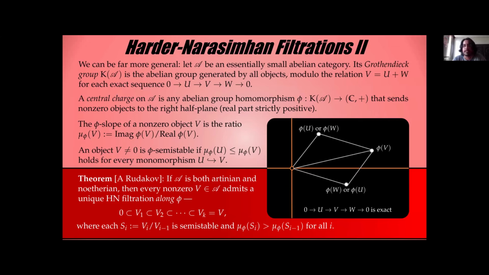Okay, let's keep going. Can I interrupt you again? Yes, yes. Later you use the notation HN filtration, I guess Harder-Narasimhan filtration, but did you actually define what it is, or did the person asking the question just miss it? I've defined it by the property that such a thing exists and it's unique. I haven't told you how to find it.